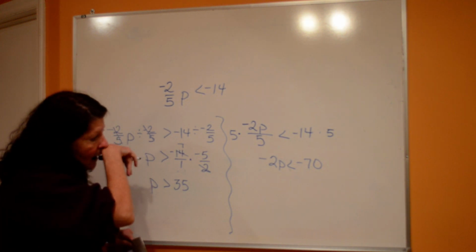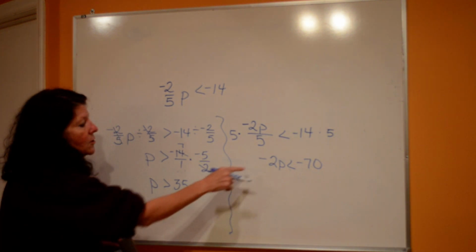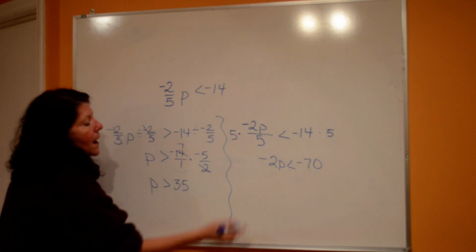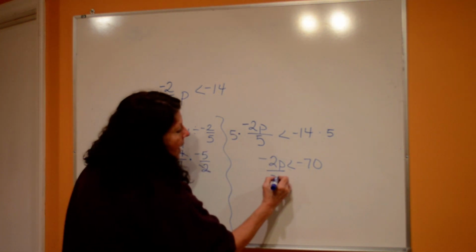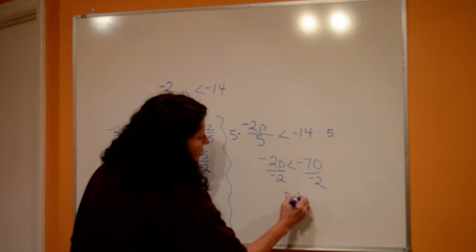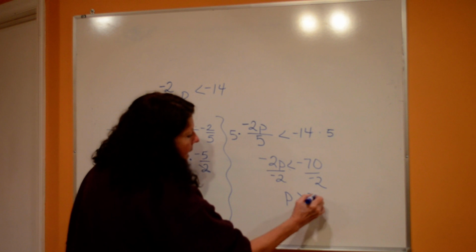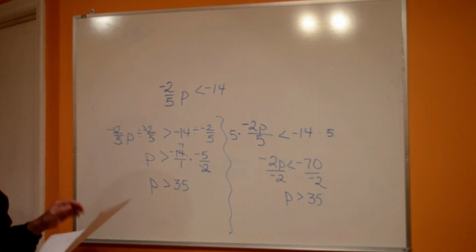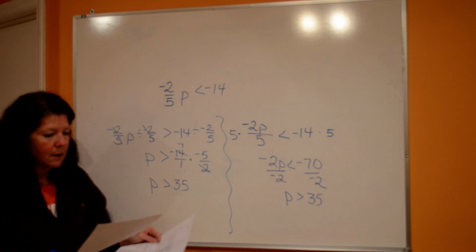Notice at this point I still have not changed. I haven't multiplied or divided by a negative number. This 5 was positive. So now I'm going to divide by a -2, and that means I'm going to change the direction of the inequality, and I'm going to get the same answer both ways that I do it. You can do it either way, it doesn't really matter.